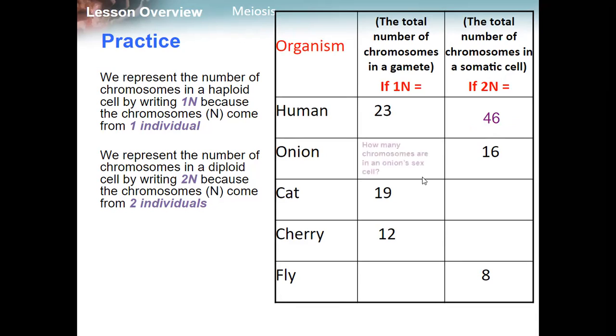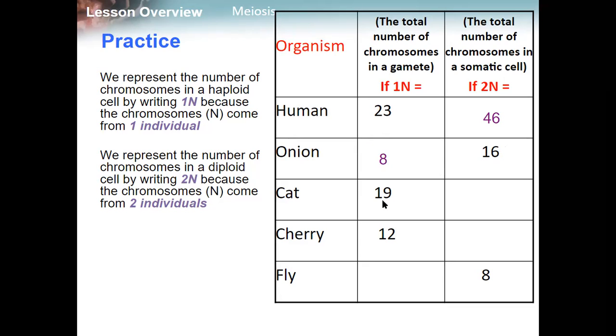But how many chromosomes are in the onion's sex cells? Well, because gametes are haploid, they're half the number of chromosomes as there would be in the body cell. We're just going to take 2N equals 16 and cut it in half because it's a haploid cell. Those sex cells are haploid, so it's 8.